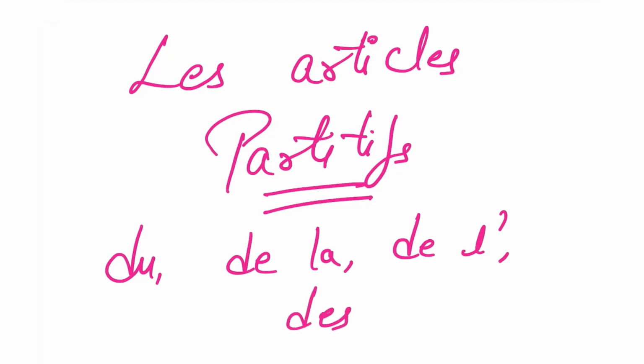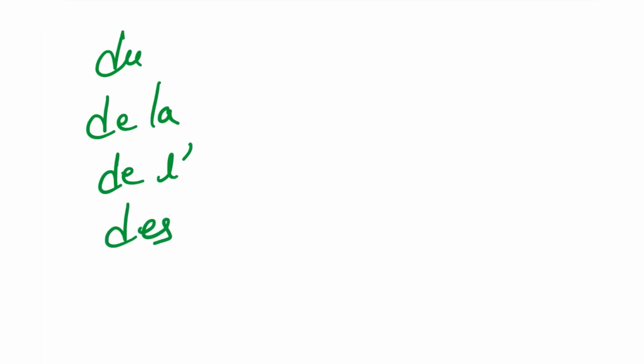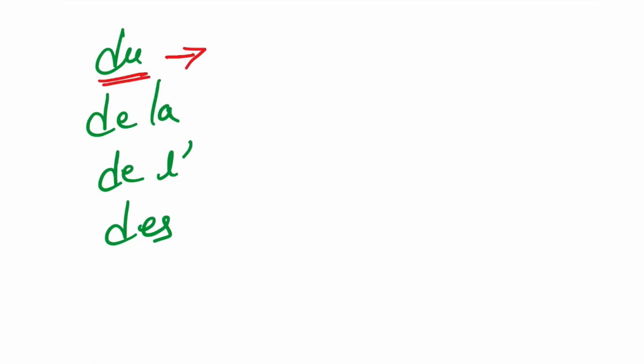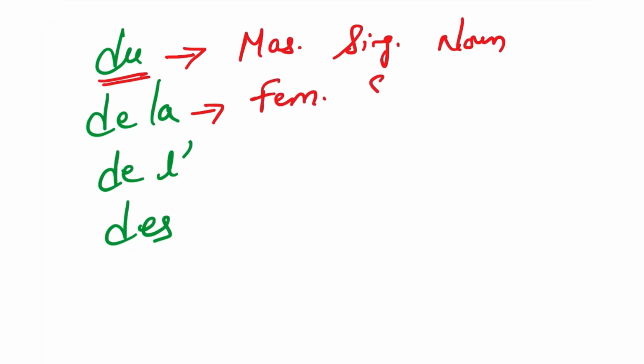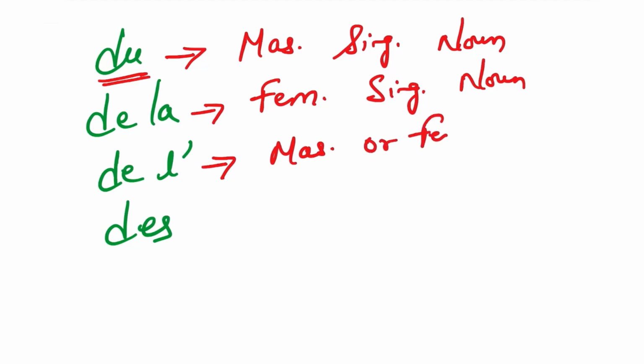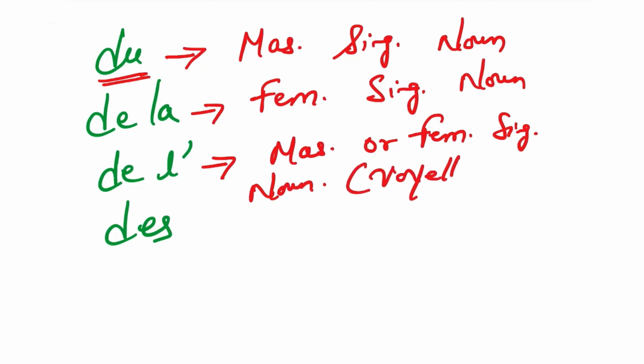So let's learn where and how to use these. Du will come in front of a masculine singular noun. De la will come in front of a feminine singular noun. De l' will come in front of a masculine or feminine singular noun, but the noun should start with a vowel or a silent H. Okay?